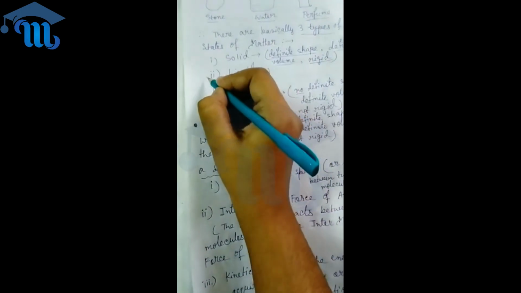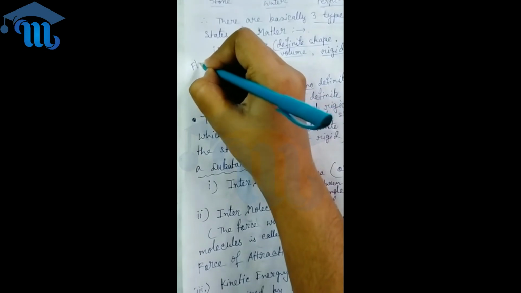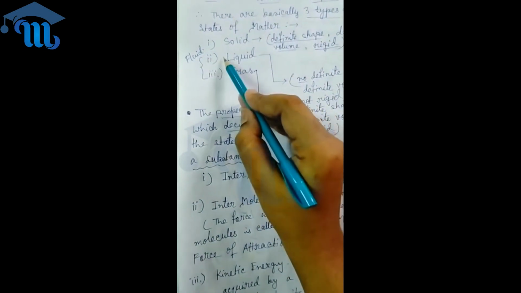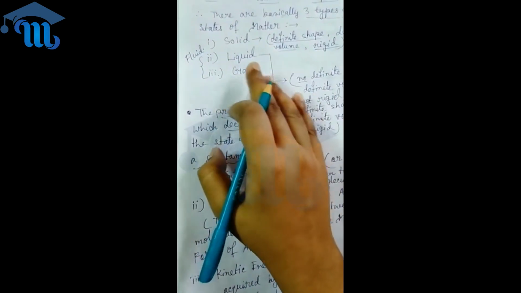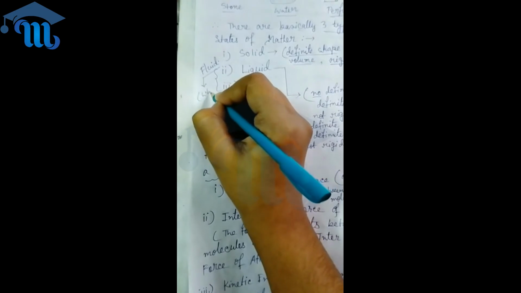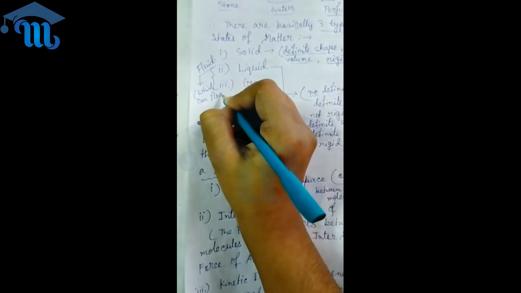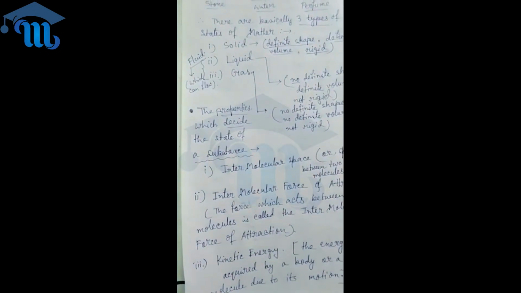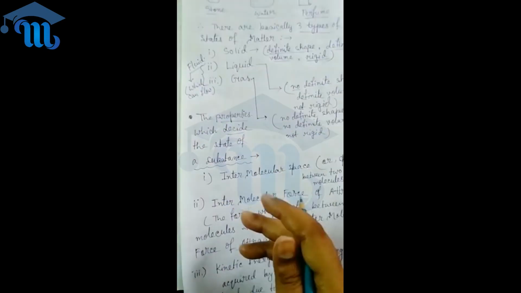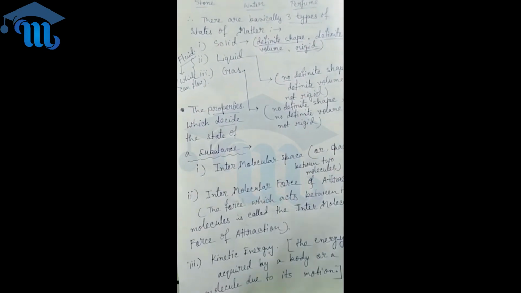Liquid and gas, both are called fluid in science. What is fluid? Fluid is something which can flow. Based on this, there is a topic called fluid mechanics, which is a higher topic, and it would be discussed in class 11 and 12 and higher studies.